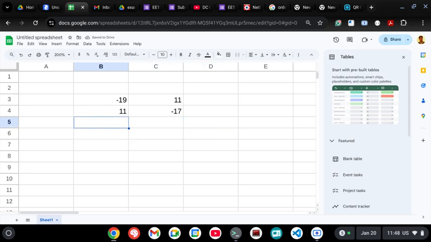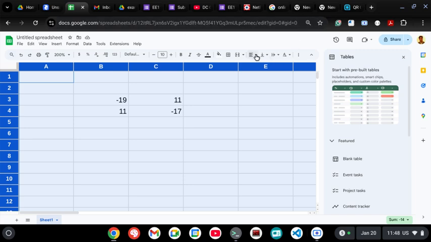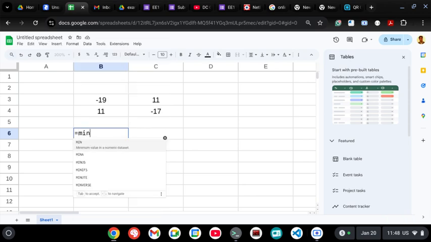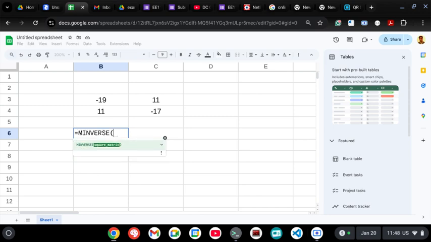So now we have to select all this. M inverse is there, the multiplicative inverse of a square matrix. So I give the square matrix.